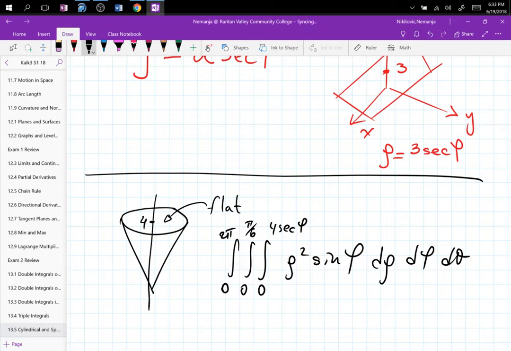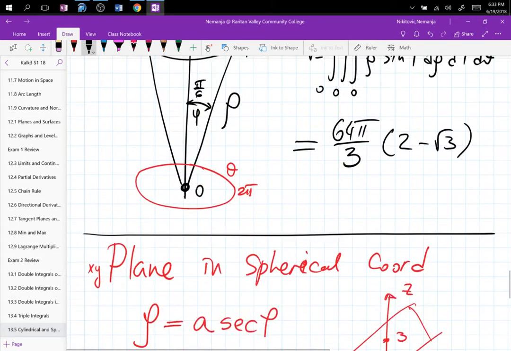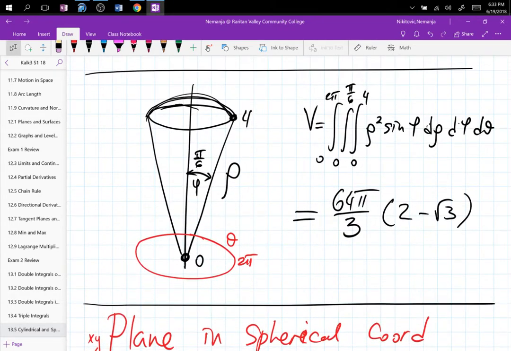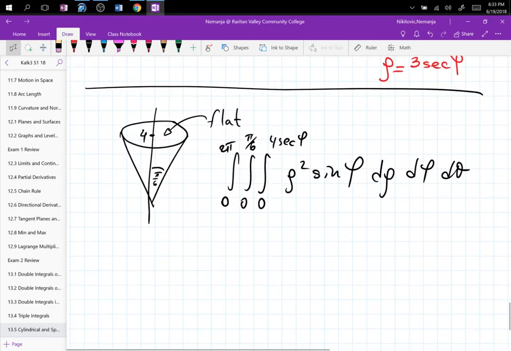Now that I have the flat plane on top, it's the same problem as before, with the pi over 6 established. Except now it's not a cutout of a sphere. It's flat, like the cone for ice cream. So this calculates the volume of the ice cream cone.